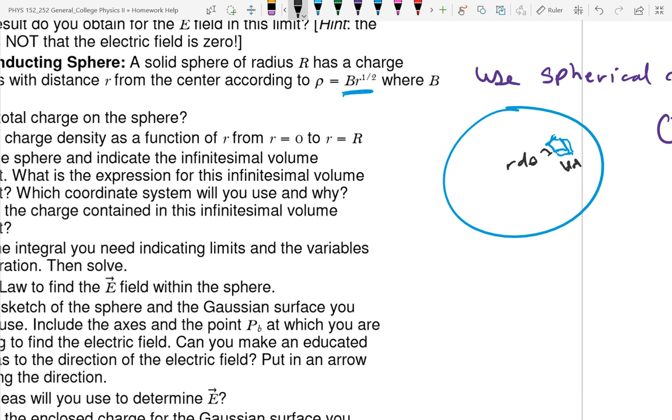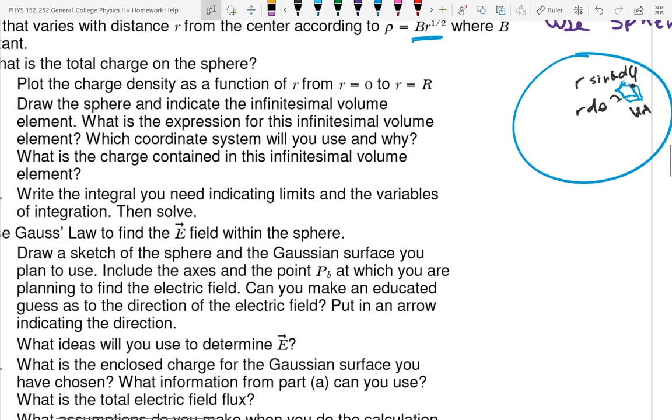No, it's r d theta for this one, and it's r sine theta d phi for the last one. So those are the dimensions of that little piece. You're going to have a hard time, just like I did, trying to mark them on there. But that's my little piece.